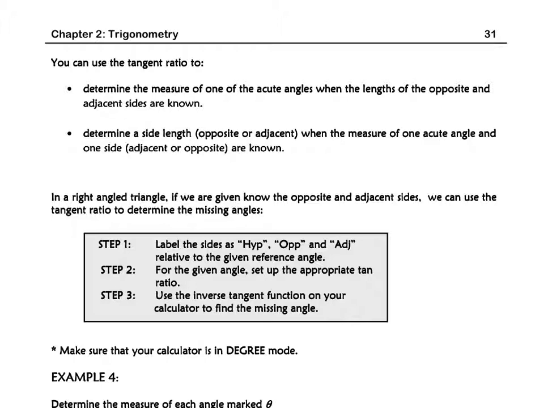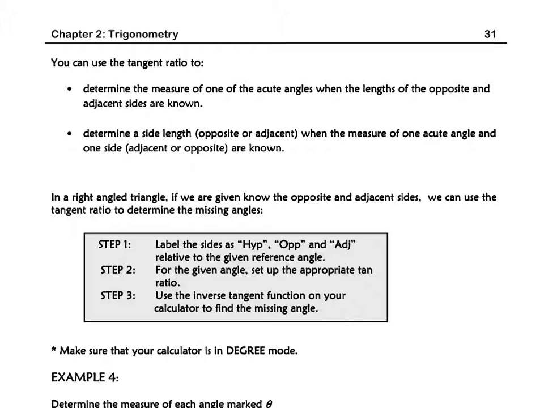If it has RAD or GRAD, that's radians, gradians as well, so that means you're not in the proper mode. So you should have either a button that says DRG for degrees, radians, gradients, and change it to degrees, or you might have a mode option on your calculator, so you'd go into degree mode.